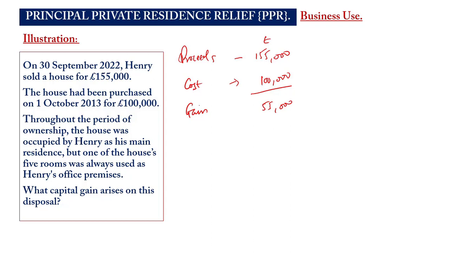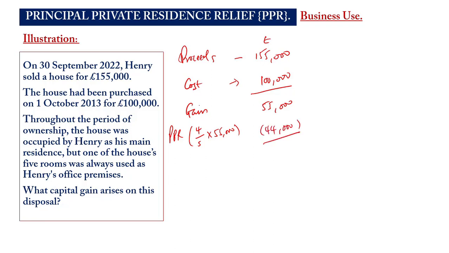Because Henry lived in the building throughout the period of ownership, the PPR would have been 100% of this gain. But because one of the rooms was not used for residential purposes, we are going to disallow one. So the PPR is now going to be the 4 rooms used for residential purposes divided by the entire 5 rooms in the building times the 55,000. So this is going to give us 44,000.